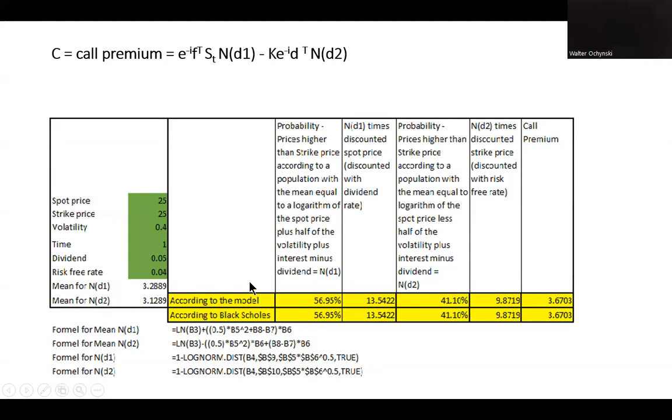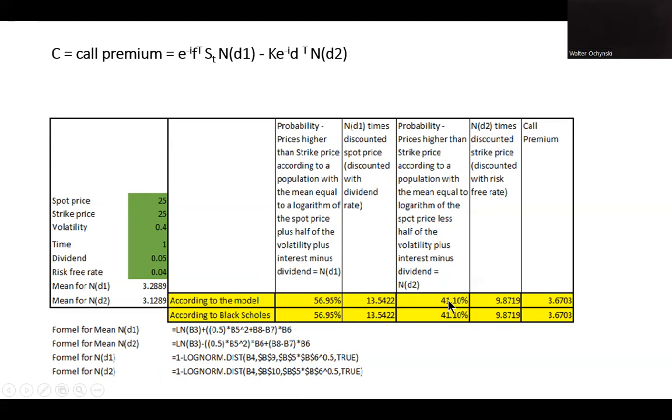And now with this information, I can very simply create a model and find out that with these numbers, our Black Scholes model is telling me that with probability of 56.95%, that is Nd1, the prices will be higher than strike price, and multiplied with the discounted spot price, we have the value of 30.5. It is in principle our gain.